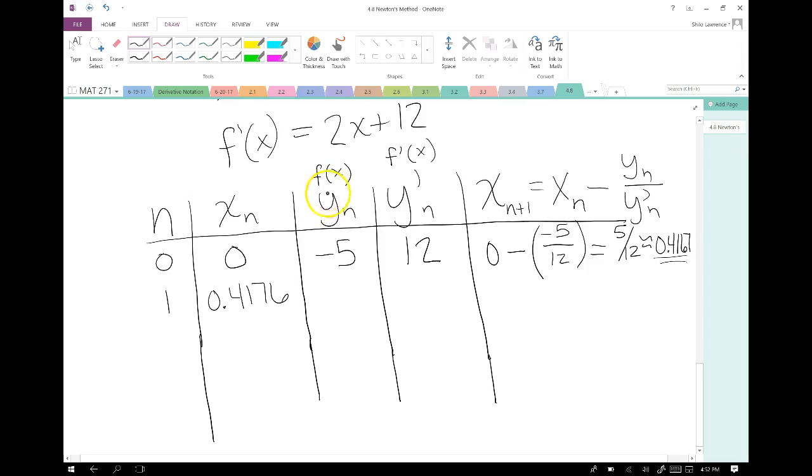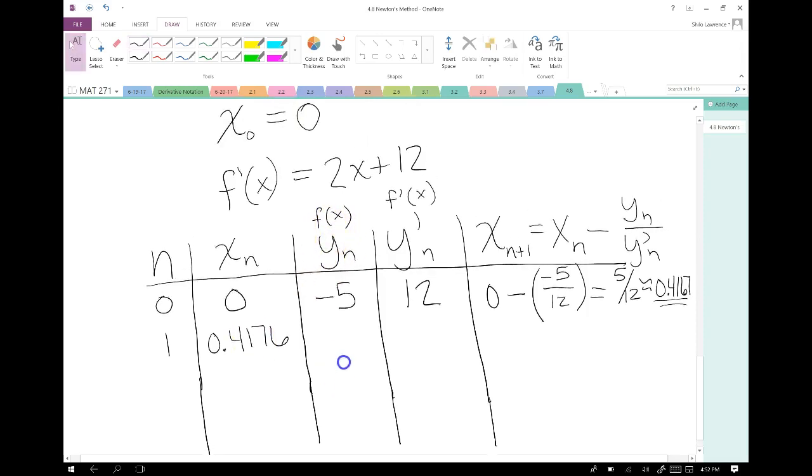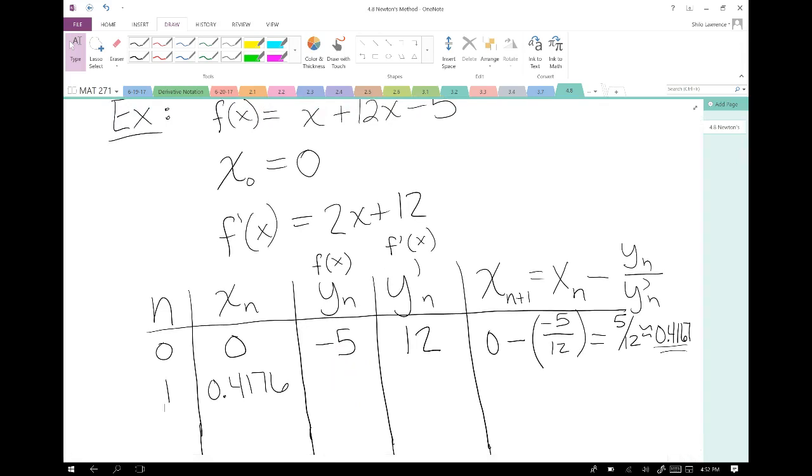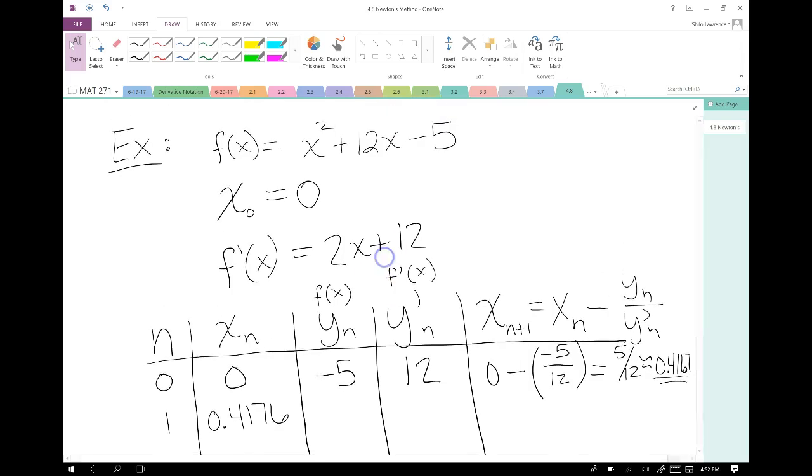So now we need the functional value at 0.4167. Now I encourage you to actually use 5/12 instead of a rounded value. So I want to know what the functional value is at 5/12. So we square it and do 12 times it and then minus 5.